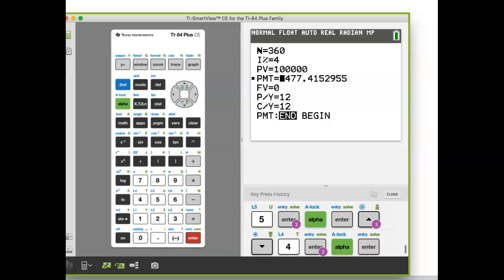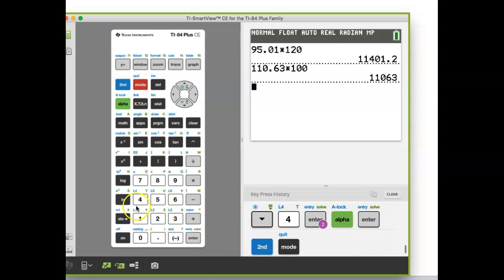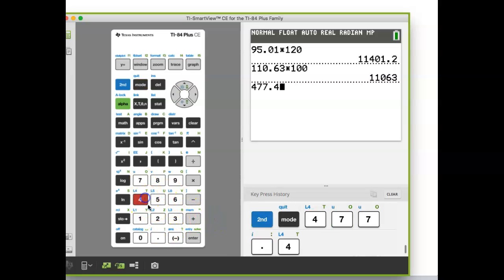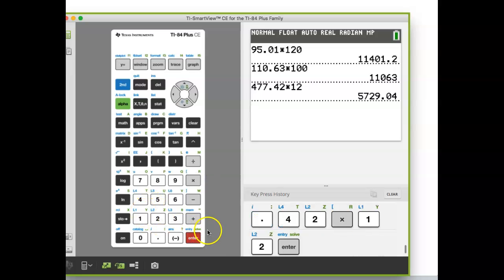And they want to know over the course of a year how much I'll save. So I'll do times 12. All right, so 5,729.04.